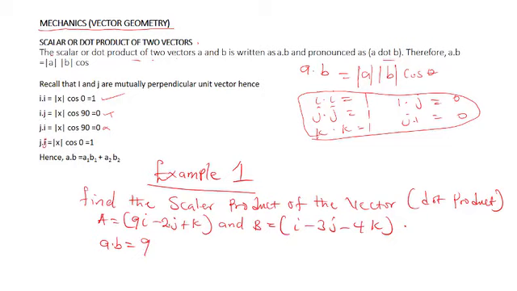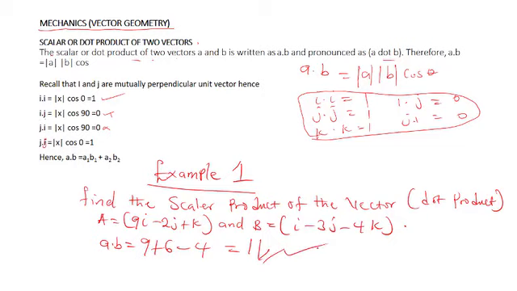Now minus 2J times minus 3J, J times J is 1, so minus 2 times minus 3 gives you plus 6. Then we have K times minus 4K. K times K is 1, and 1 times minus 4 is minus 4. So 9 plus 6 is 15, 15 minus 4 is 11. So the dot product of these vectors is equal to 11.